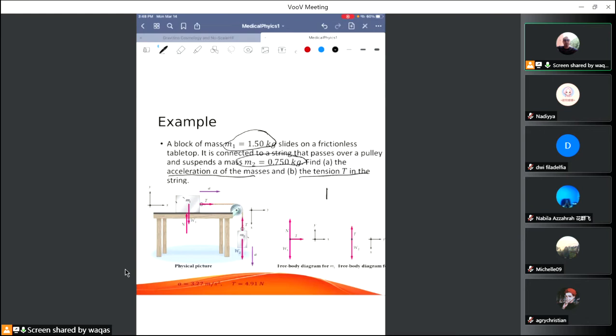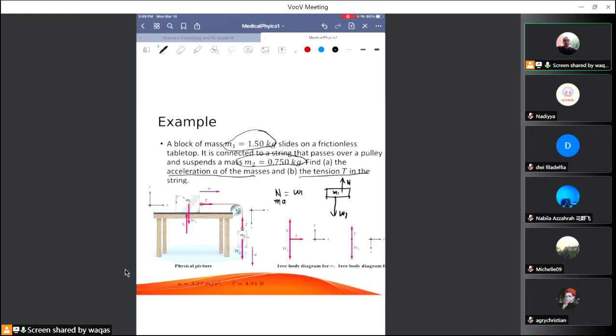So this is my M1. Its weight W1 is acting downward, and the table applies an upward normal force N1. So the normal force equals W1.